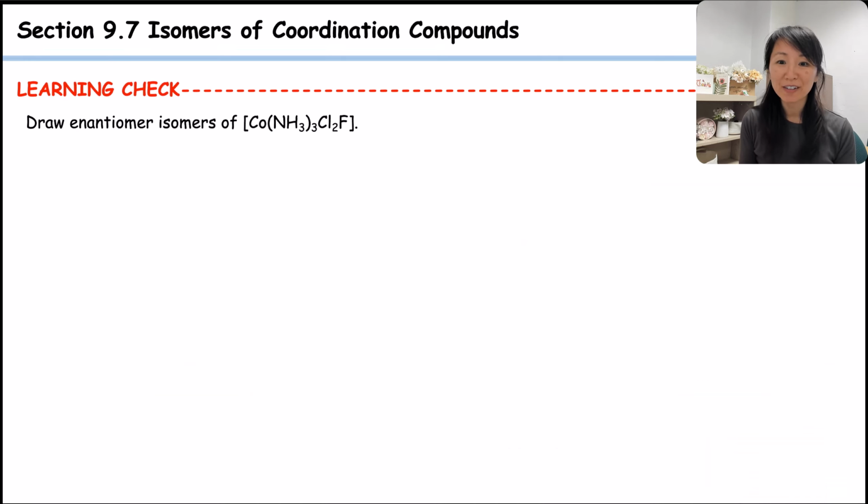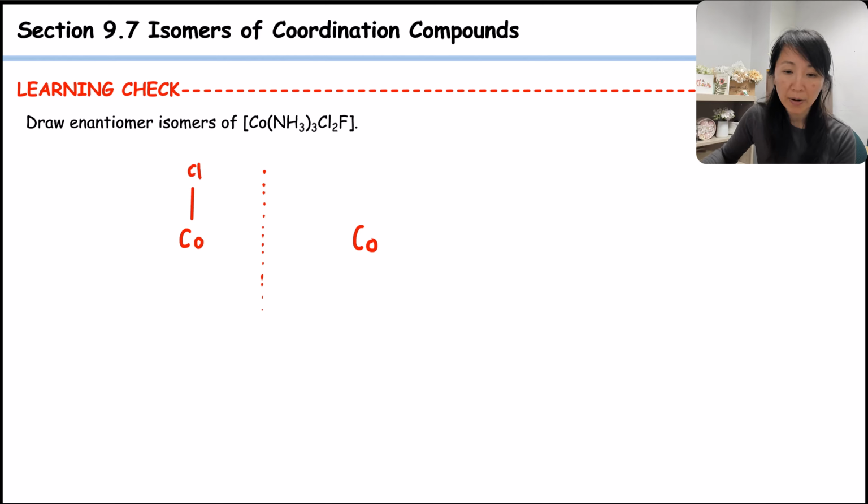So we're going to do a learning check. Draw enantiomer isomers of cobalt, NH3, Cl2, and F. Okay, so we're going to go ahead and draw one side which has cobalt, and here will be my mirror, and the other side will also have a cobalt. If I have a chlorine that goes on top, then I better have a chlorine that goes on top too.